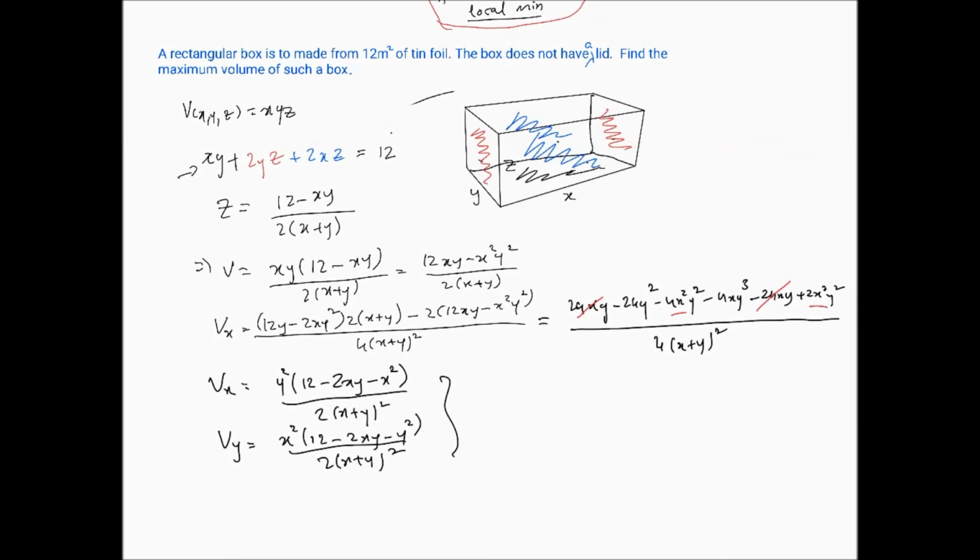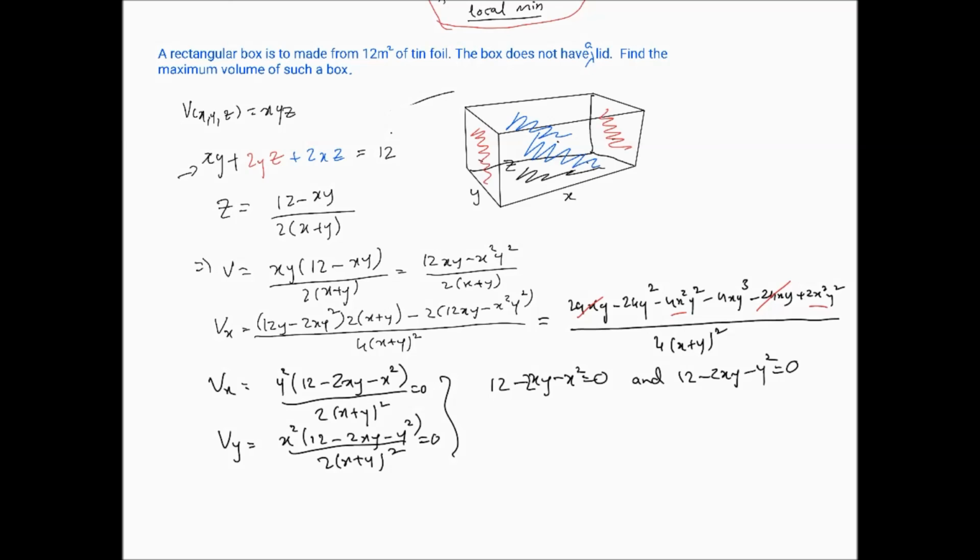Now from these two, remember, you have to equate these to 0, and then we have to solve for x and y. So we'll end up with 12 minus 2xy minus x squared equals 0, and with it 12 minus 2xy minus y squared equals 0.